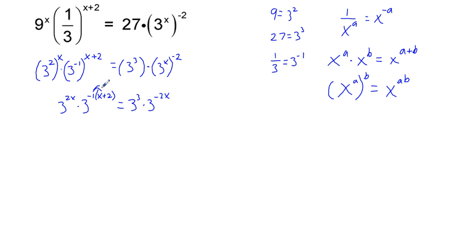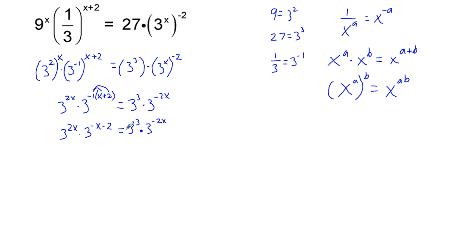We're going to use the distributive property, negative 1 times x and negative 1 times 2. So I'm going to bring down this 3 to the power of 2x times 3 to the power of negative x minus 2. And then on the right side, we're going to just bring down this 3 cubed times 3 to the negative 2x power.